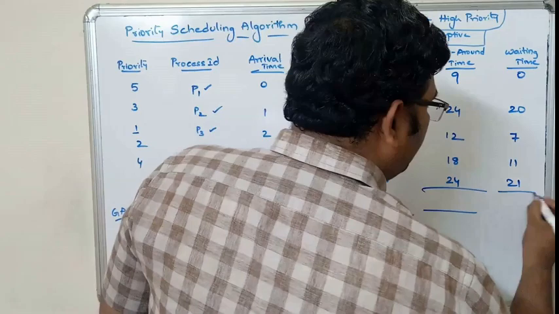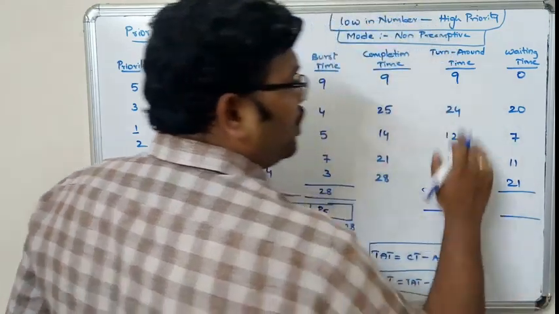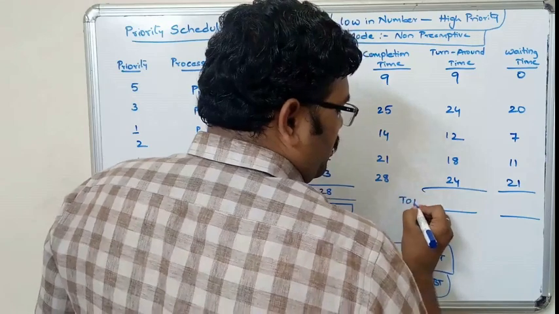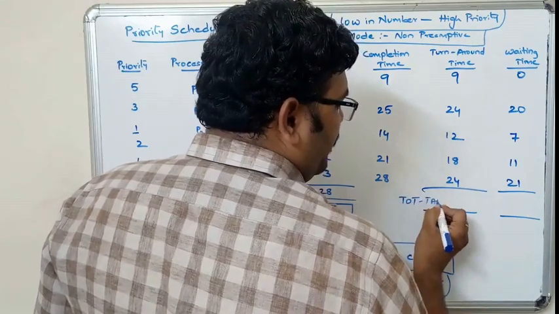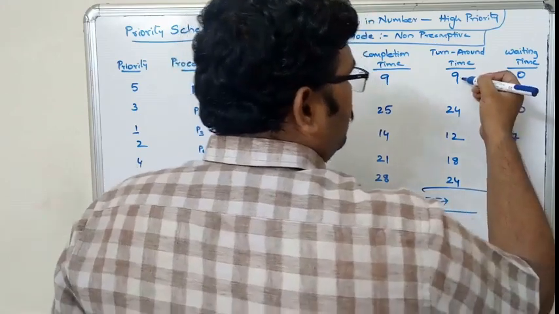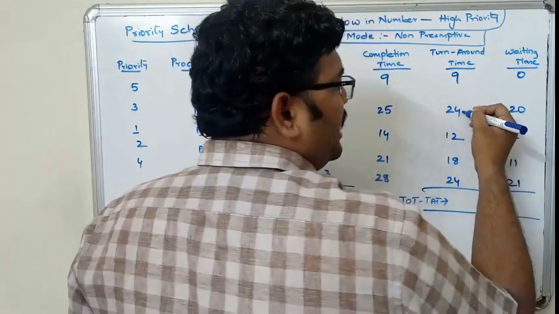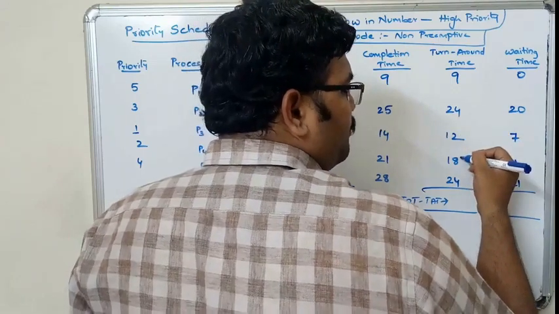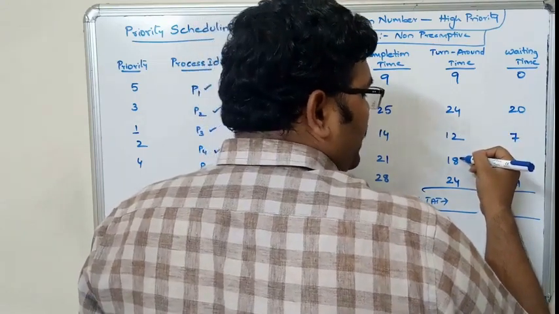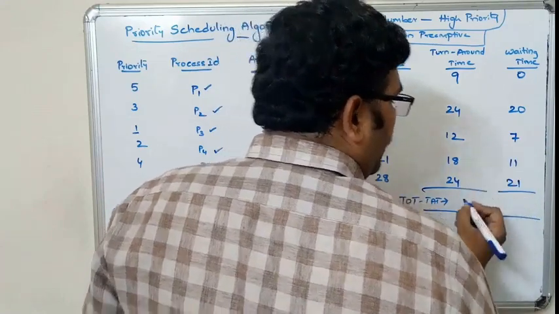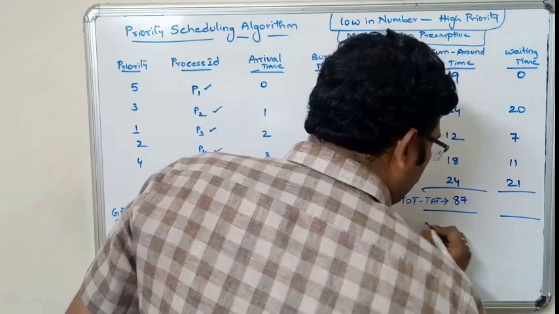So calculate the average. Total all these things, so you will get the total turnaround time. See, 9 plus 24, 33. 33 plus 12, 45. 45 plus 18, 63. 63 plus 24, 87.